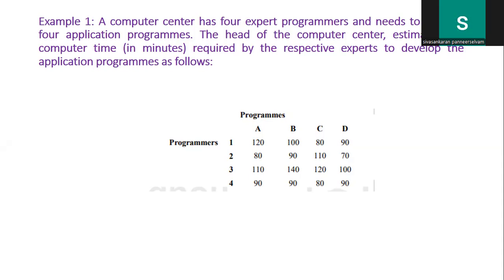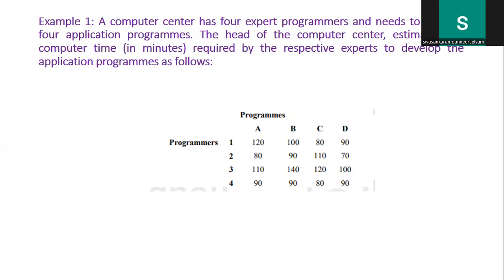Likewise, programmer 1 takes 100 minutes of process time to develop application program B. The same programmer 1 takes 80 minutes to develop application program C. Programmer 1 takes 90 minutes to develop the system application program D. So, taking the first programmer, there are 4 different timings given under each job operation.